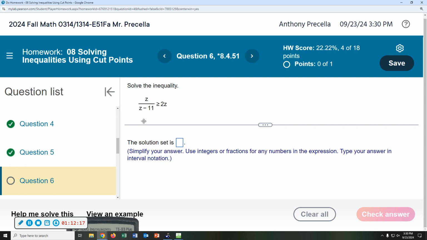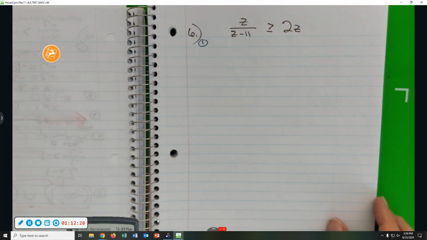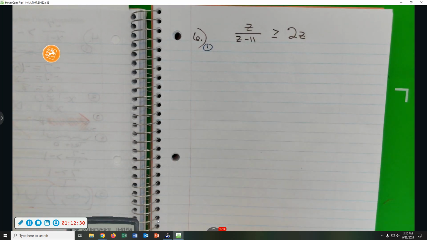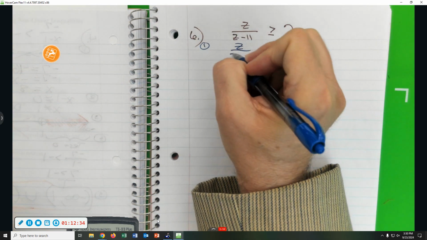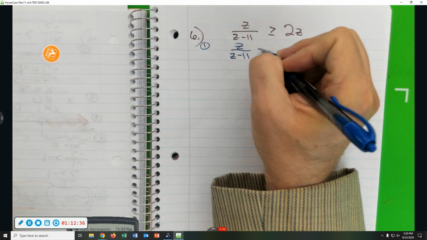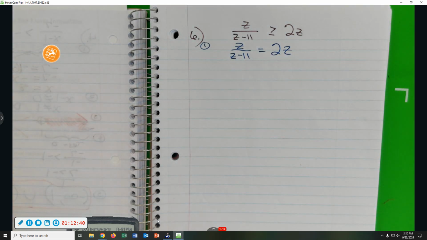Step number 1, we replace the inequality with equal to. Oh, I should have put that as 2z over 1.